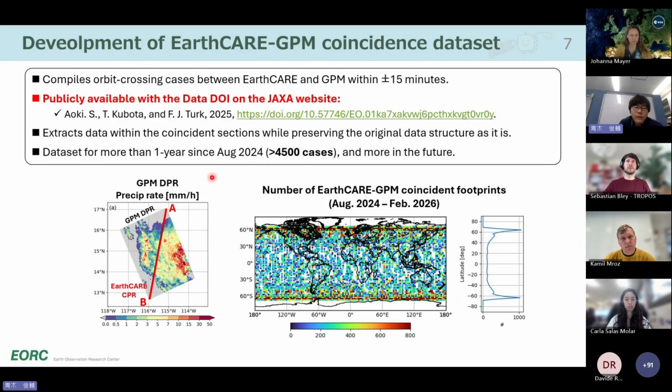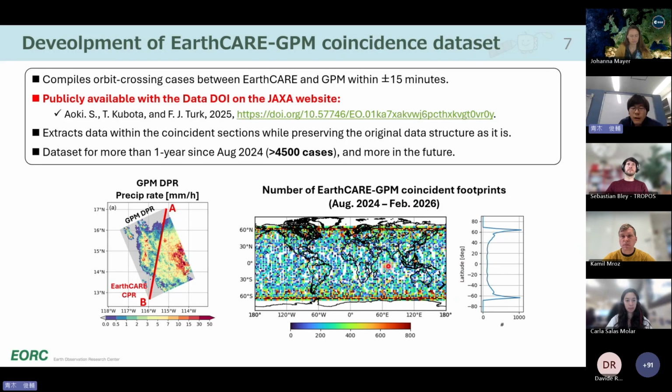It already has 1.5 years of observations, and more. We already have 4,500 cases, and more in the future. This is the number of coincidence footprints on the global map.